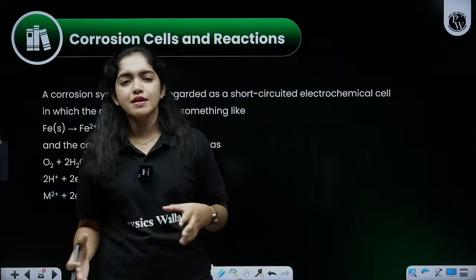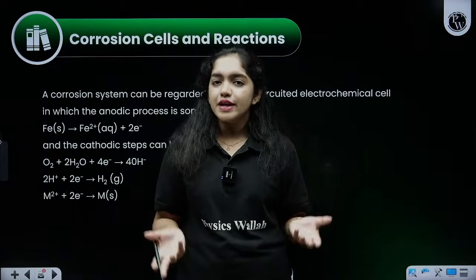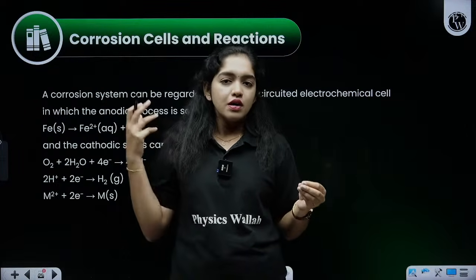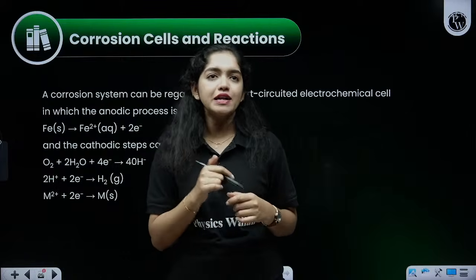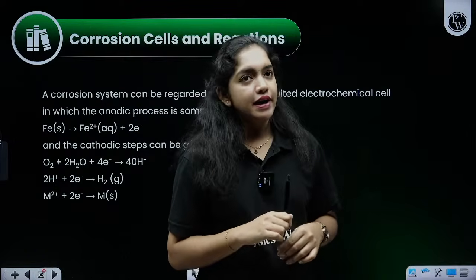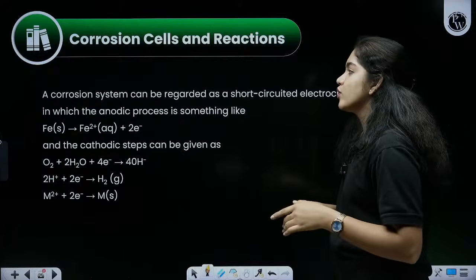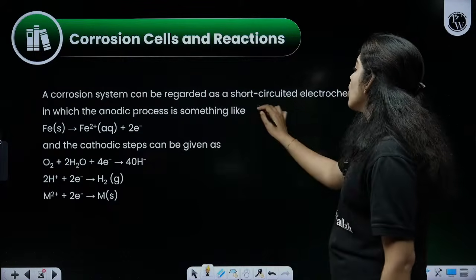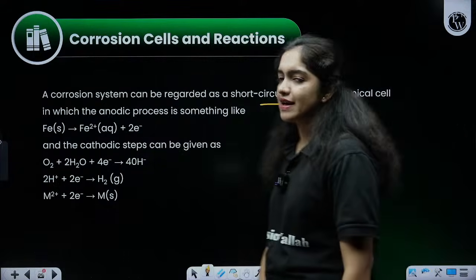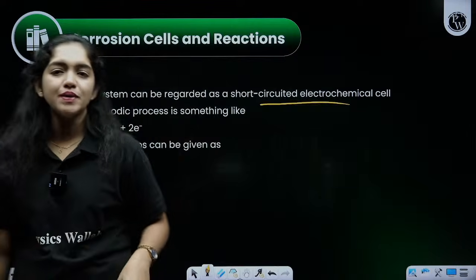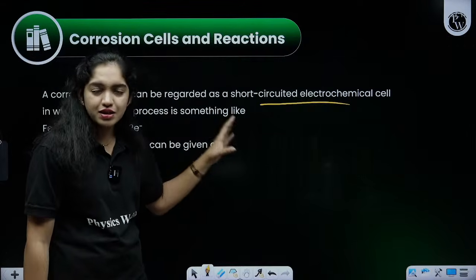Lot of examples are there. So metals undergo reaction with the surrounding air, water, acids to form metal oxides. So that process is known as corrosion, and a corrosion system can be regarded as a short-circuited electrochemical cell. It behaves like an electrochemical cell. That's why we are learning corrosion in this chapter.